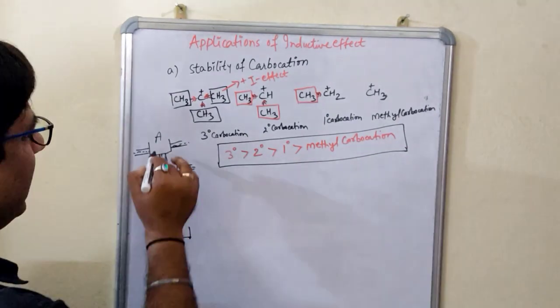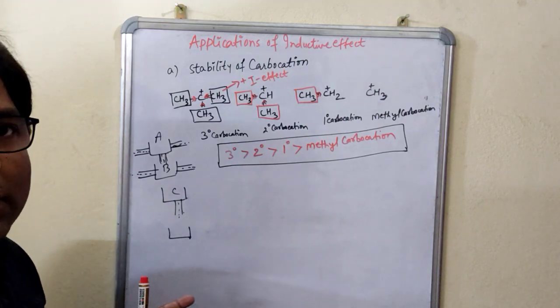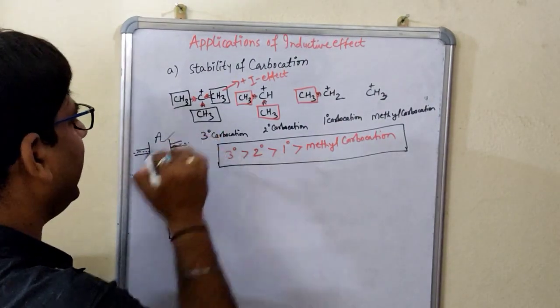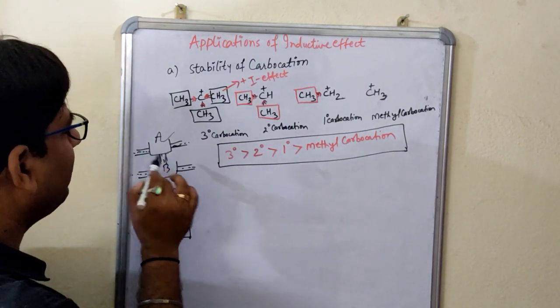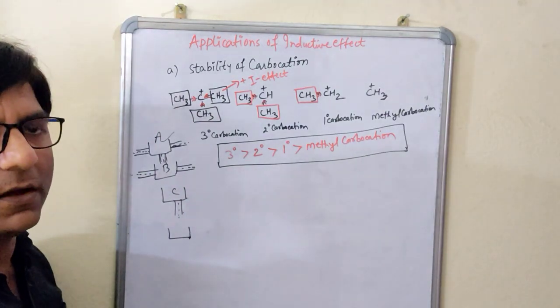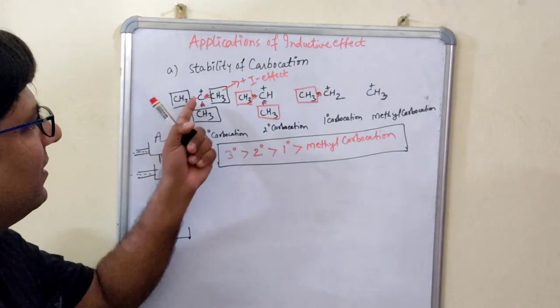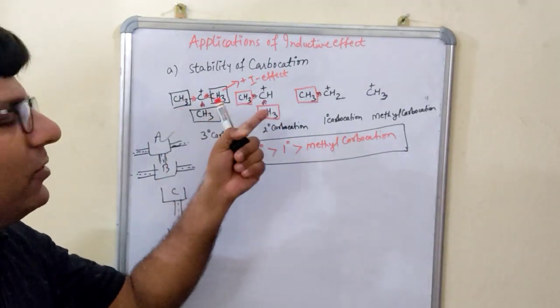Now, if I ask you which tank will fill first, of course your answer will be A. Why? Because the water in this tank is filled from all 3 sides, because it has 3 inlet pipes. All the 3 pipes are filling the water in this tank. In the same way, all the 3 carbocations will attain the stability because they have the electron donating group.